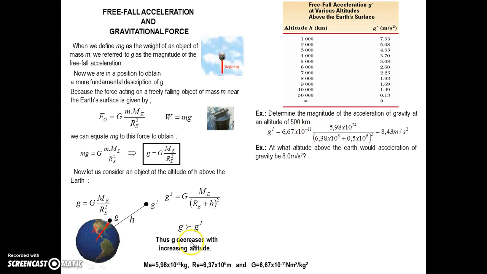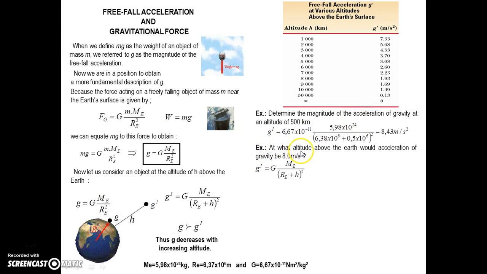The mass of the Earth is also a constant, and so is the radius of Earth. So g equals 6.67 times 10 to the minus 11 times 5.98 times 10 to the 24 over 6.38 times 10 to the 6 plus 0.5 times 10 to the 6. I convert kilometers to meters, and g will be 8.43 meters per second squared.